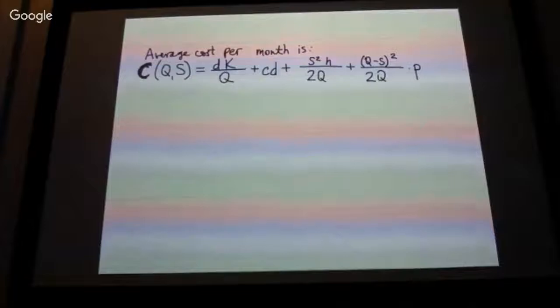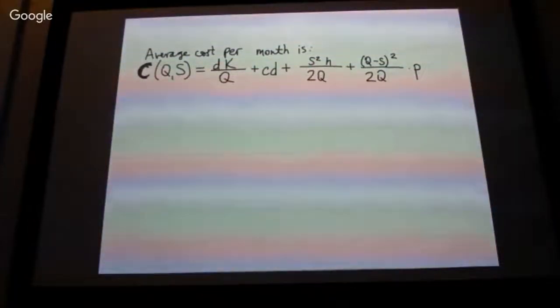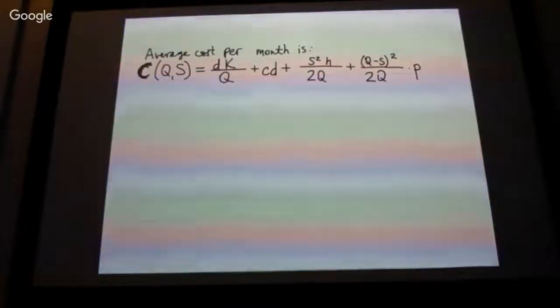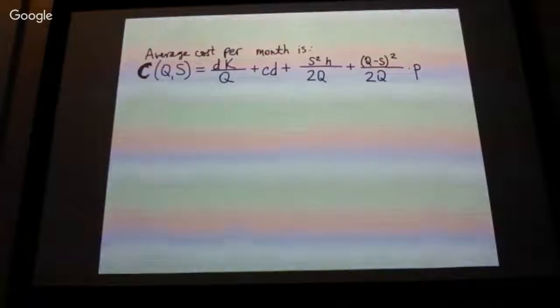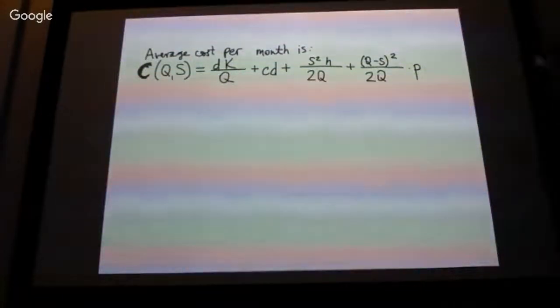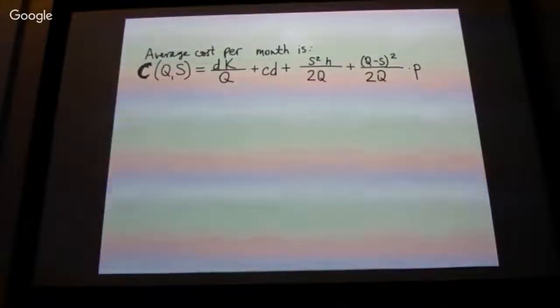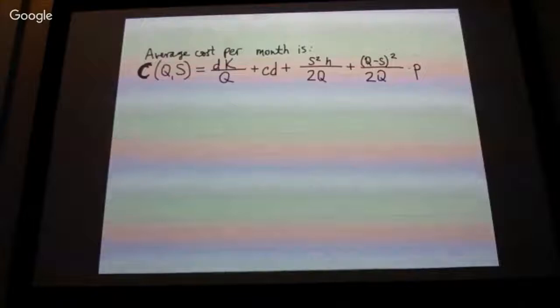Right. So now we've got this total cost. Now we have this cost. What are we going to do with it? We want to find values of Q and S for which this is minimized. In the previous case, we differentiated it.